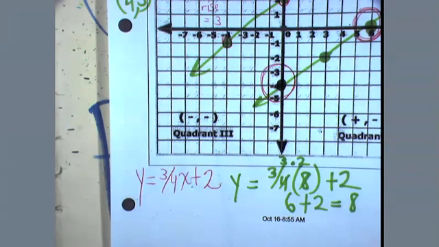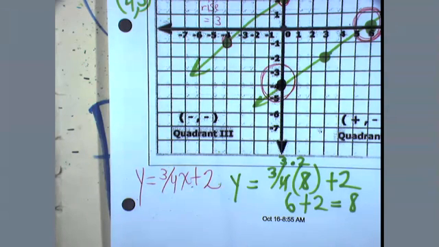This leads me to telling you the next type of equation. We talked about an equation that's in standard form. In other words, x and y on the same side equal to some positive or negative number.